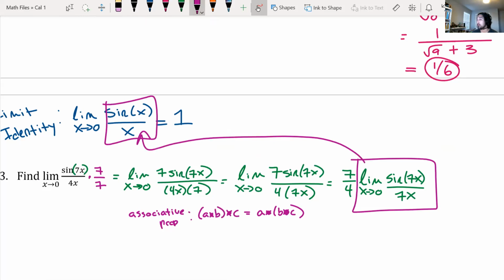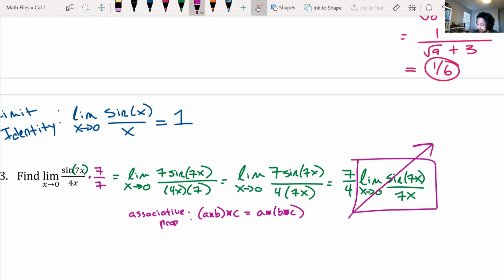Therefore, if they look exactly the same, that means that the limit of sine of 7x over 7x is going to become what number? 1. Solve that with calculus. That becomes 1, meaning our final answer is just what fraction? 7/4. That's it.